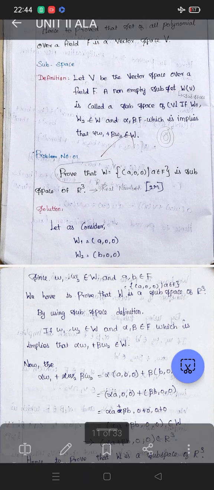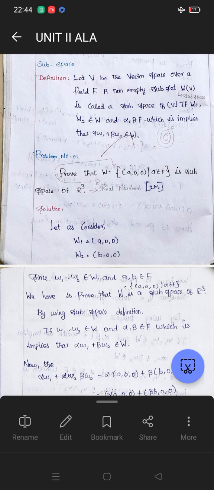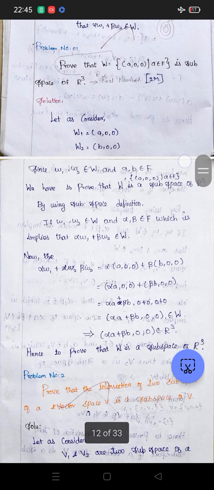Problem number 1. Prove that W equals (a, 0, 0) such that a belongs to F is a subspace of R cube. So we can prove that W is a set of elements, where a is a scalar, in a subspace of R cube. You can consider W1 is equal to (a, 0, 0) and W2 is equal to (b, 0, 0).